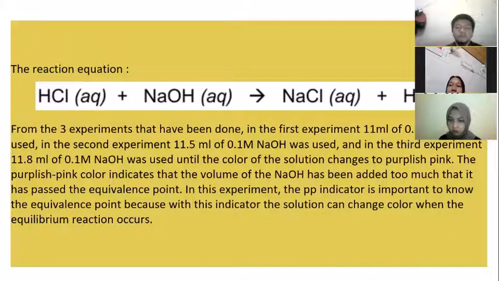And in the third experiment, 11.8 milliliter of 0.1 molar natrium hydroxide was used until the color of the solution changed to purplish pink. The purplish pink color indicates that the volume of the natrium hydroxide added was too much and has passed the equivalence point. In this experiment, the phenolphthalein is important to know the equivalence point because with this indicator, the solution can change color when the equilibrium reaction occurs.